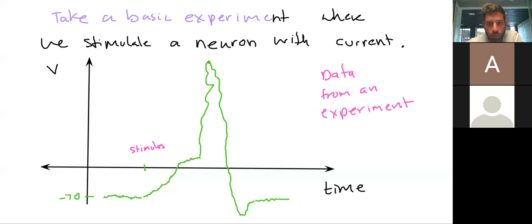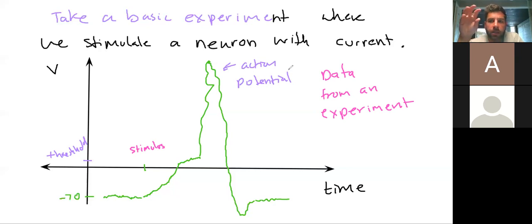So if I label some things, and I know I didn't define these words yet, let's label this height right here. We call this the threshold. And then we call this the action potential, or the firing.